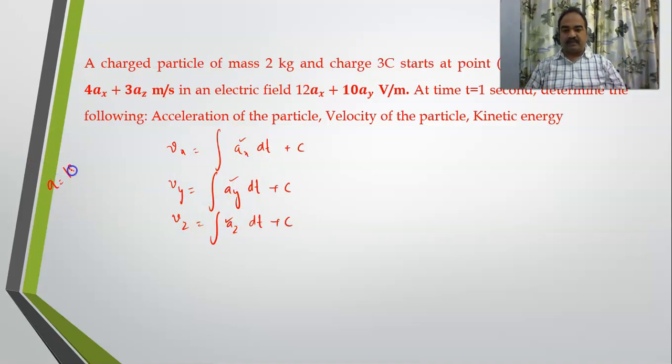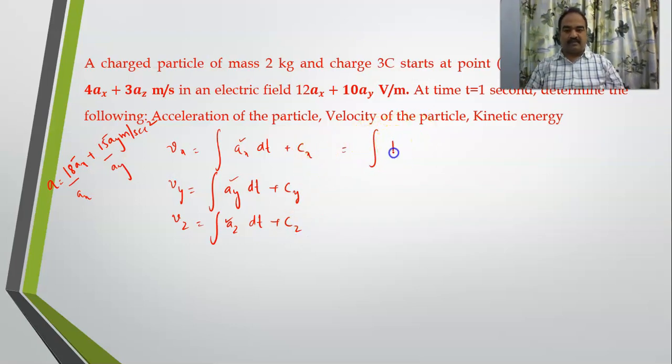Acceleration was 18ax bar plus 15ay bar meters per second square. This is ax component, this is ay component. So I will take it as cx, cy and cz in three different components, right?